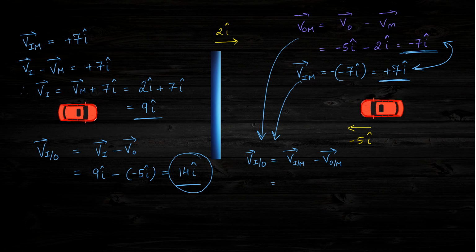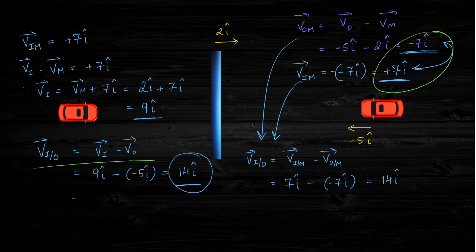I leave it to the student to expand these two and figure it out. Basically, velocity of image with respect to the mirror is 7 I cap and velocity of object with respect to the mirror is minus 7 I cap. So this also gives us the neat and clean answer of 14 I cap. If we do realize this fact, then if the velocity of object with respect to the image has been asked, in such a case we can easily write it down from these two rather than having to perform this particular calculation.